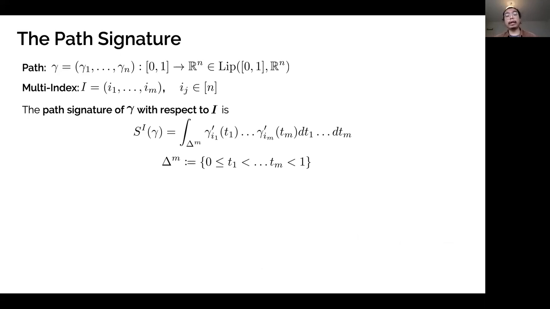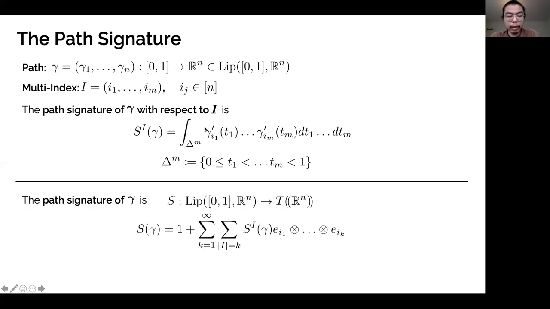So we're integrating the derivatives of various components of this path in the order specified by the multi-index. And we can collect all of this information into the path signature, which we view as a map from the Lipschitz space of paths into the formal power series of tensors.